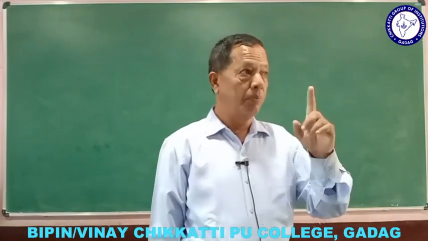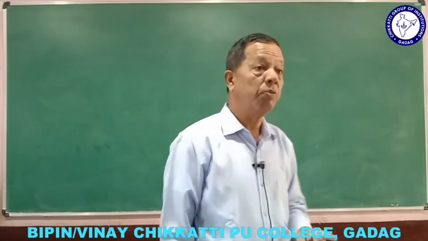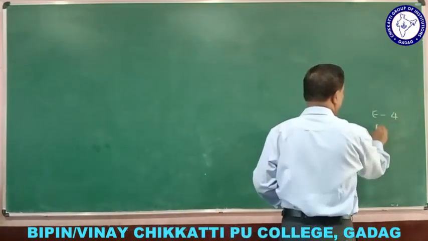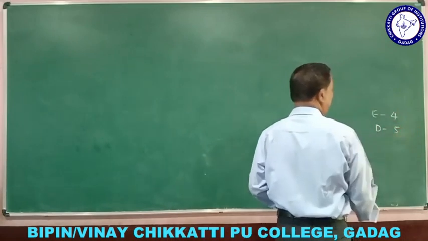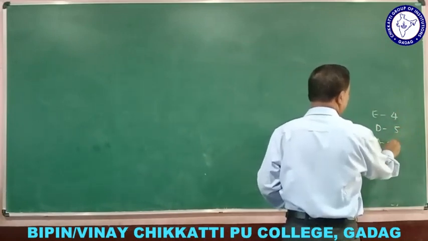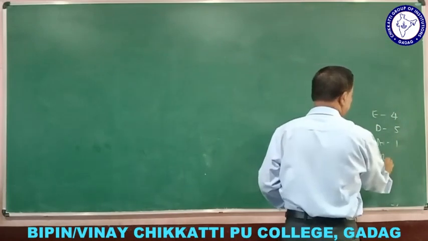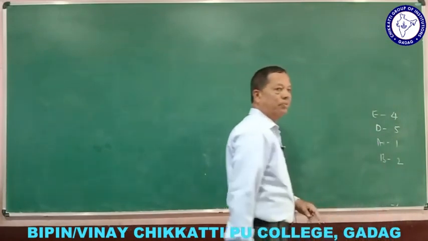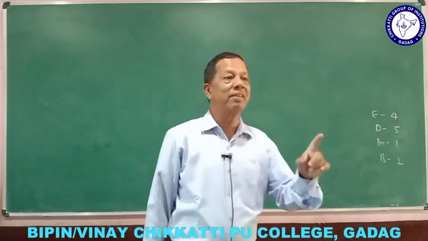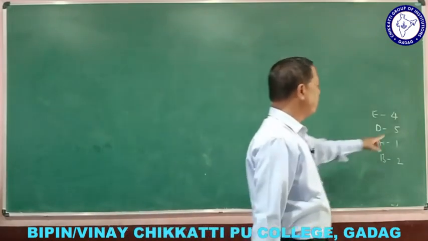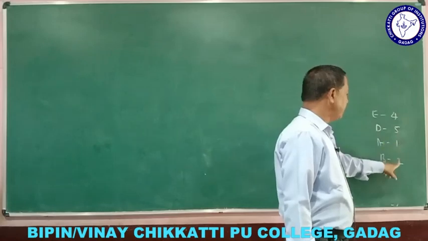Part E is 4 marks, part D is 5 marks, part A is 1 mark, and part B is 2 marks. And there is no part C here. Totally 12 marks.